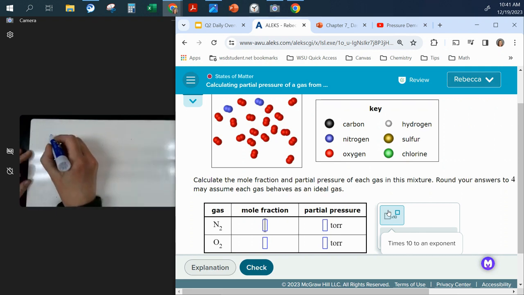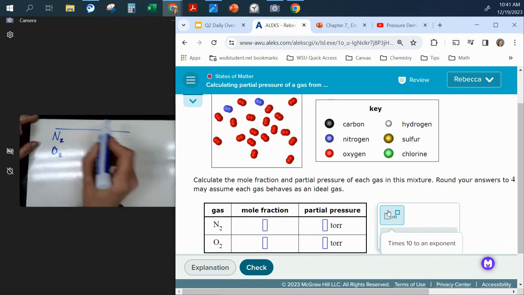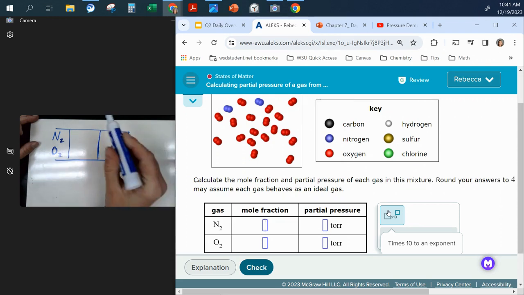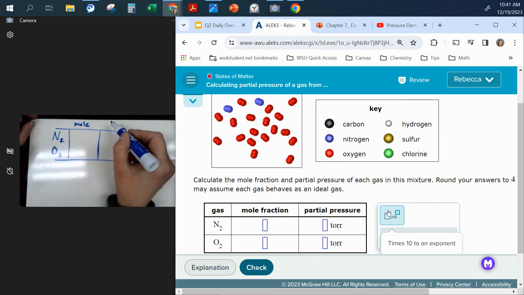So we have this one for calculating partial pressure of a gas. We have N2 and O2. So this one's just like finding a percentage basically. So mole fraction and partial pressure.